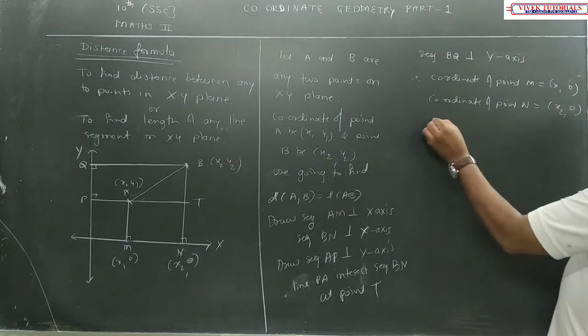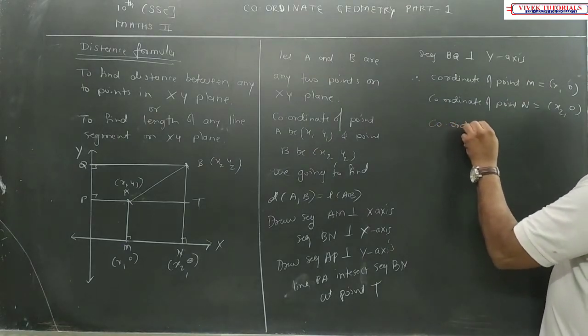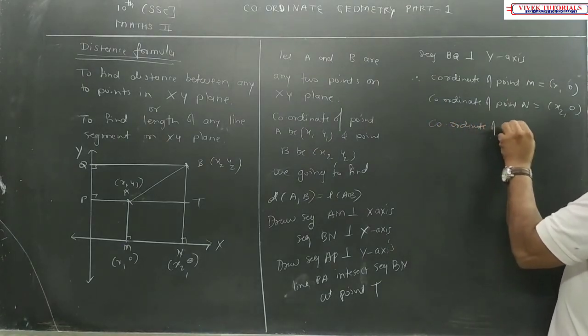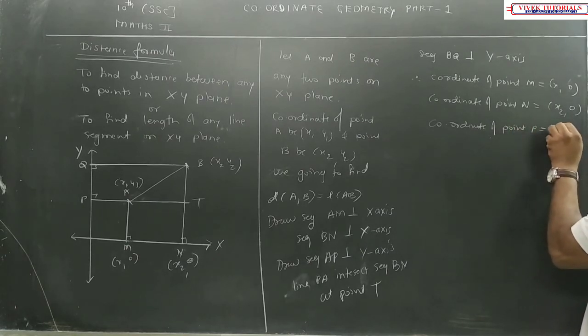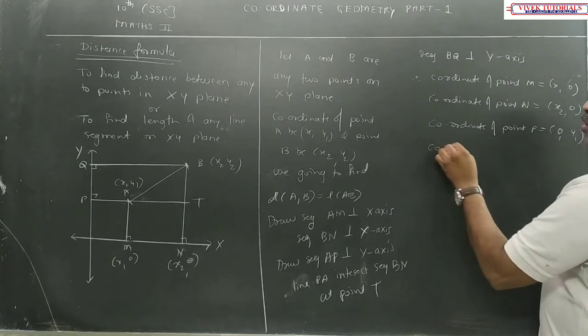Then the coordinate of point P will be 0 comma y1.